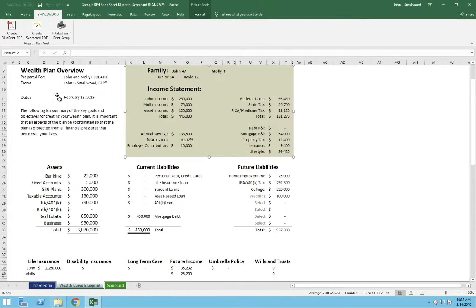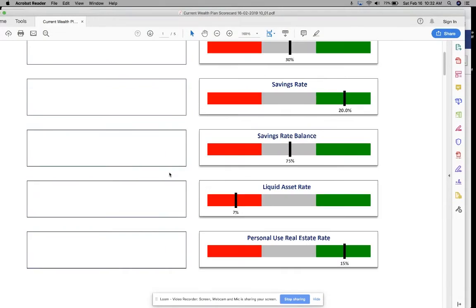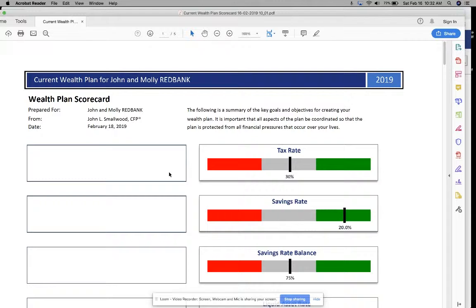So when we look at the scorecard, if you think about one of the most important decisions that we make, we make a blueprint and we see, for example, our sample John and Molly Red Bank that you can see on the website. We see that 30% of their income is going out the door to taxes.